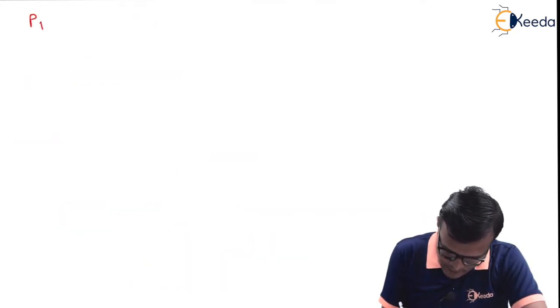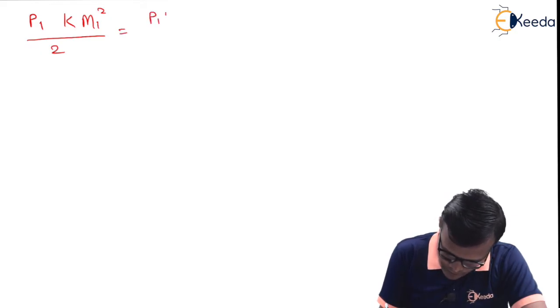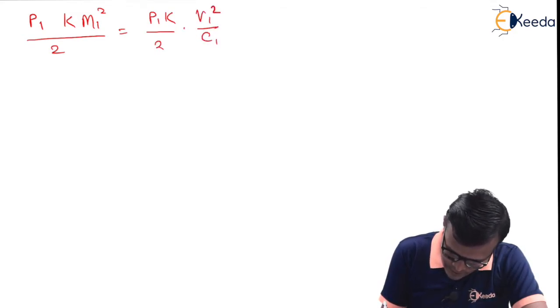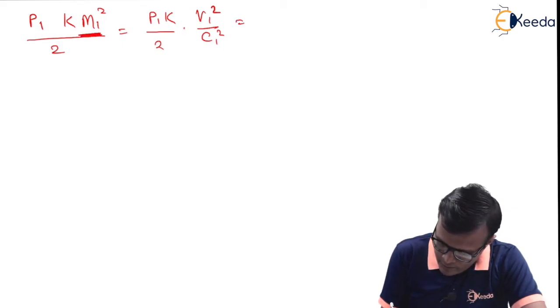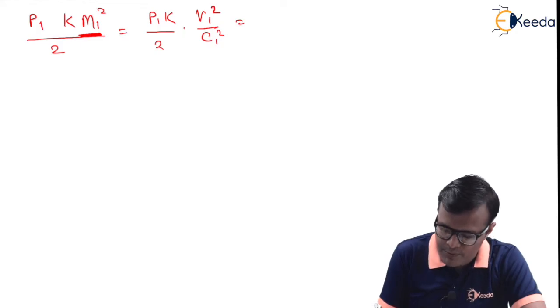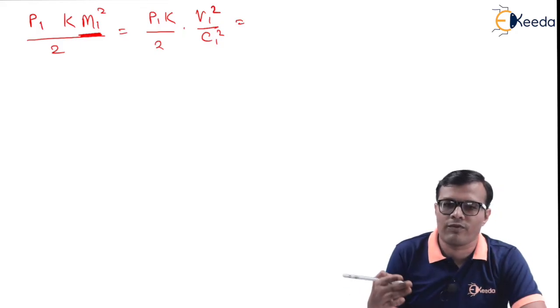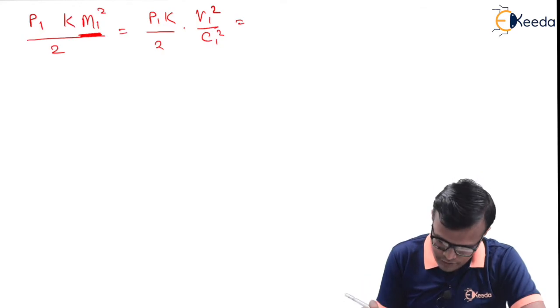This term is P1K M1 square upon 2, that is equal to P1K upon 2 into V1 square upon C1 square. I have just replaced the formula for Mach number in terms of the velocity of the object to the velocity of the sound wave.